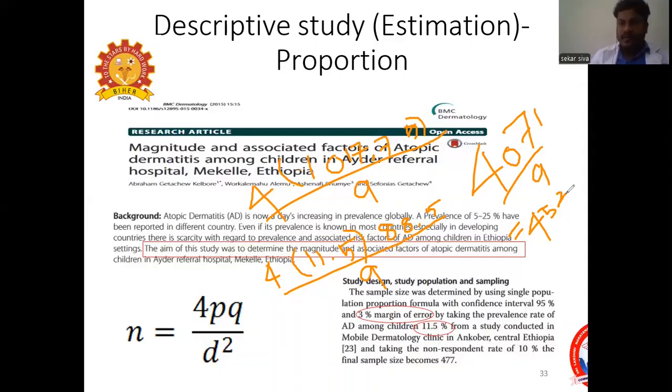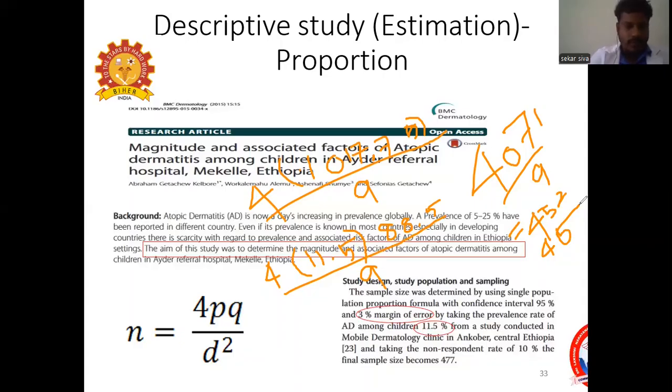After adding 10% non-response error, okay, in 452, 10%, that is 45, plus 45. Taking non-respondents, 10% of the final sum becomes 477.